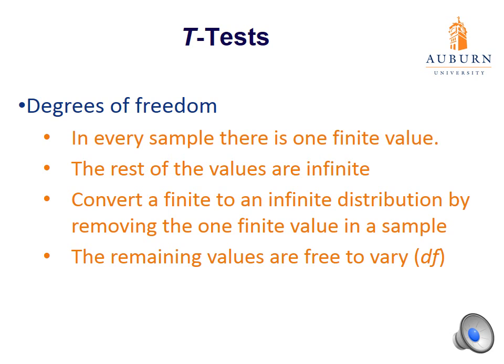We can't really do it in practice, but theoretically, if I subtract 1 from my number of observations in the sample, and that one number is the finite number, then I'm left with just infinite numbers. And so my distribution will now be infinite because all values are possible within my sample. So once we remove that one finite number, the remaining values are free to vary, which is our definition of degrees of freedom.